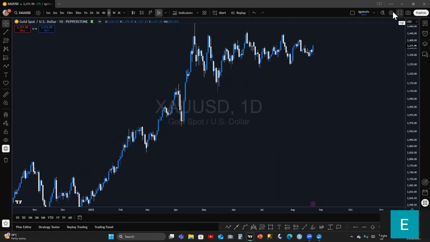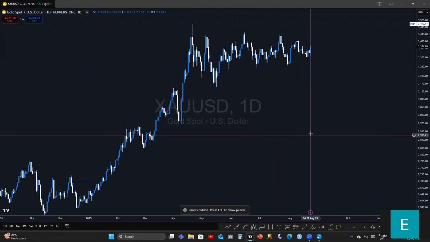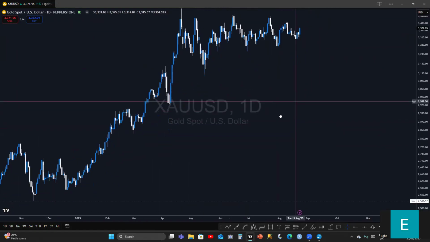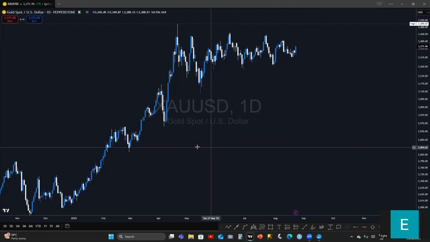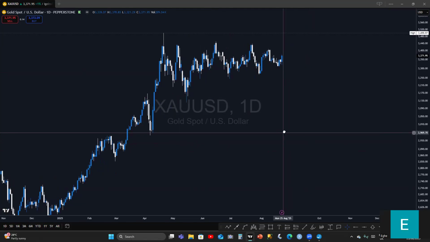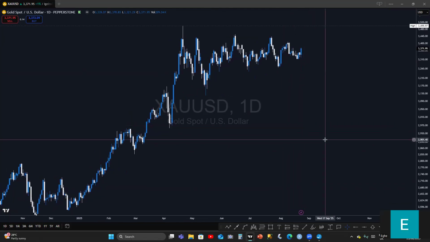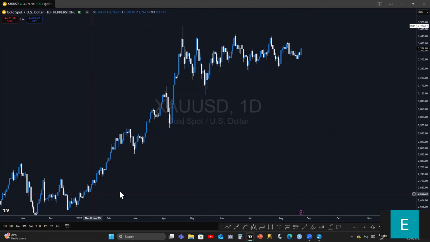So me looking at this chart now, what will you say you can see? Is it an uptrend or a downtrend or sideways? Which type of market structure can you see here?